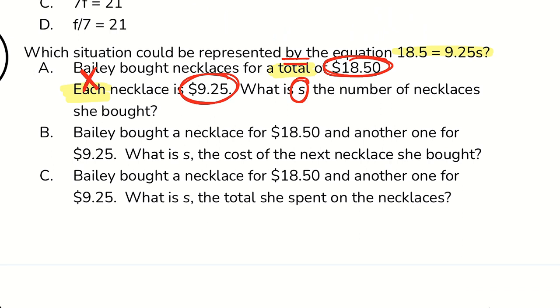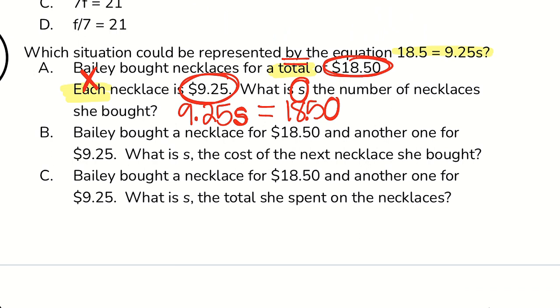So we want to write the equation for this one? Let's do it. I know it's going to equal $18.50. I know we're multiplying, and we want to put the number touching the letter. My other number is $9.25. And did they give us a letter? S. Oh, they did, the S. Hey, look, that looks like what we need. It's just reversed.